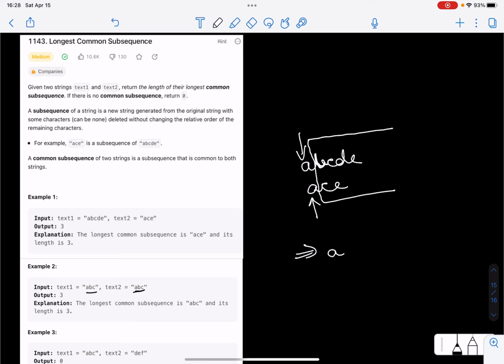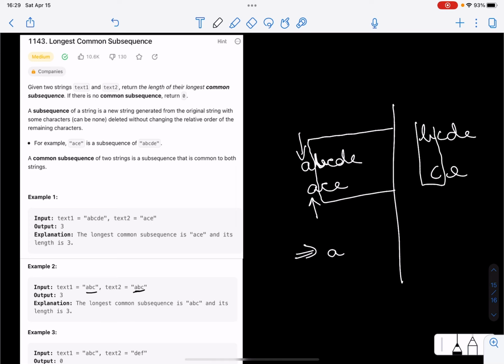So that will be in our longest common subsequence. And then we have to find the rest of the characters in the rest of the sequences. So we look at B, C, D, E, and C, E. So we have B, C, D, E, and we have C, E remaining. So A is gone. We check the first characters again.